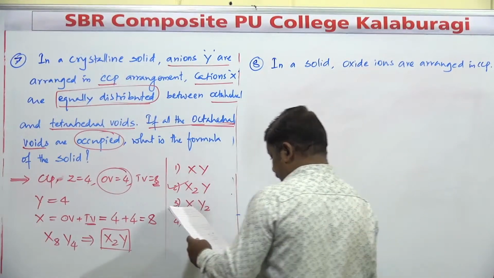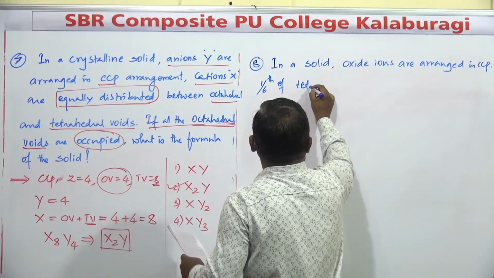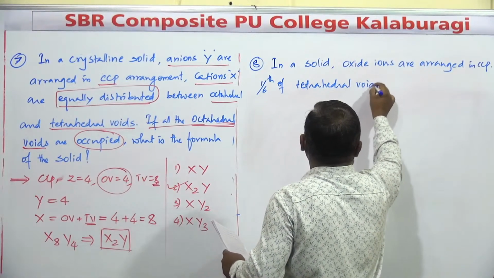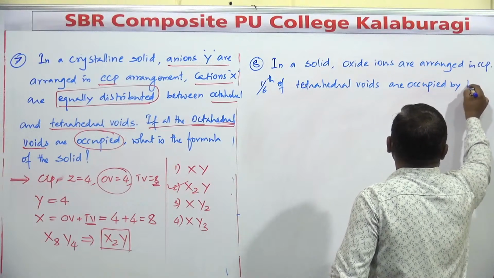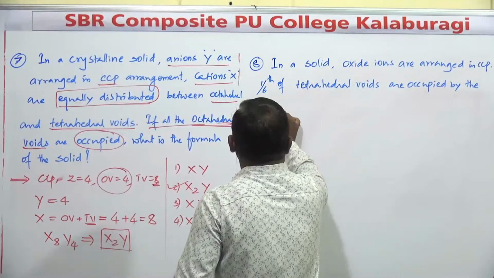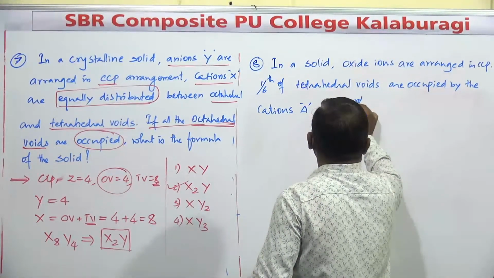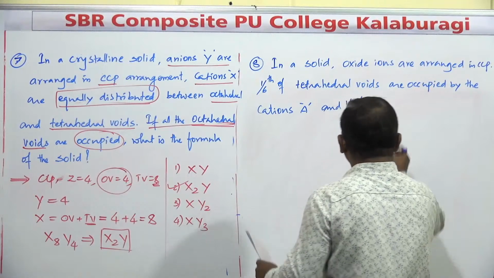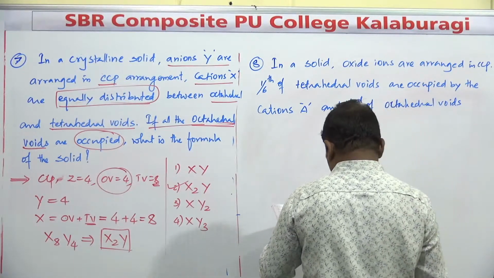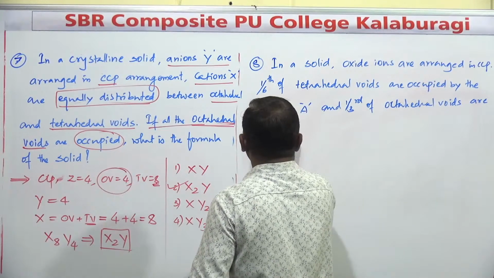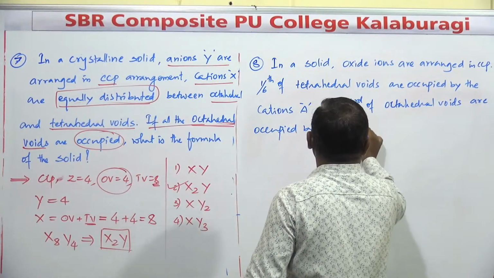Then 1/6 of tetrahedral voids are occupied by the cations A, and 1/3 of the octahedral voids are occupied by cation B. Okay.